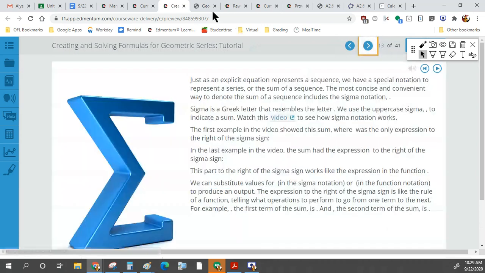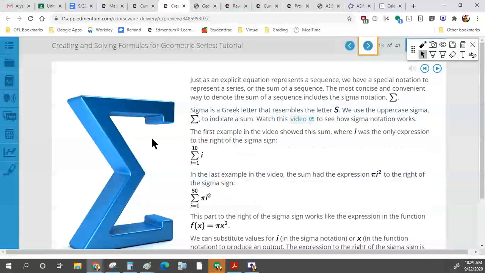So we're going to start seeing the formulas. Sigma is the capital letter in Greek for S, so that's why we use it for adding this up. This says we're going to start off at 1 and keep adding until we get to 10 terms.